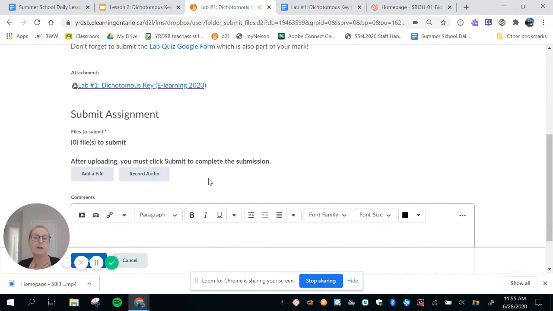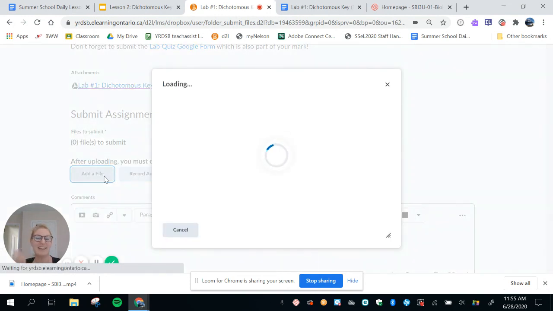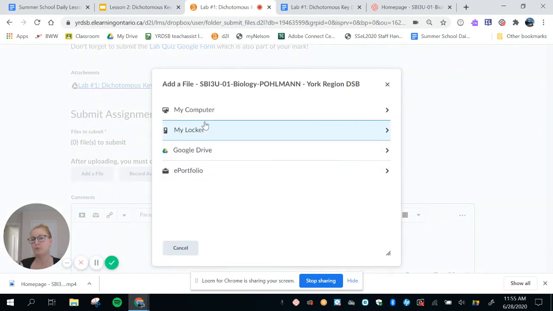But you're going to see here, there is an option for you, add a file. So that is where you are adding your finished product. So the document has the info of what you need to actually submit. You're going to click add a file. And whether your file is on your computer or whether it's part of your Google Drive, I'm asking that you please submit it through this link.